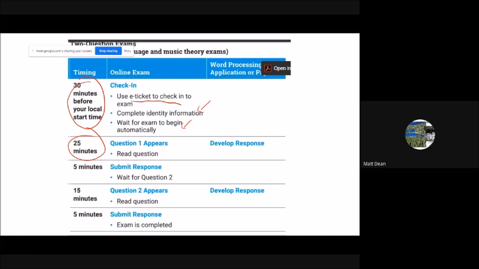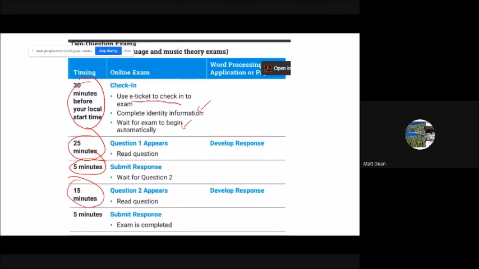You cannot move on to the next question until that time's up. So 25 minutes, 5 minutes to upload, hit go. When time is up, the screen will automatically go to question 2. You'll have 15 minutes to answer question 2, 5 minutes to upload your answer.